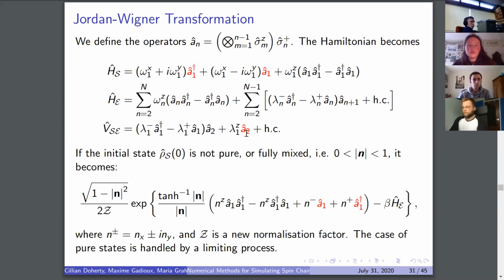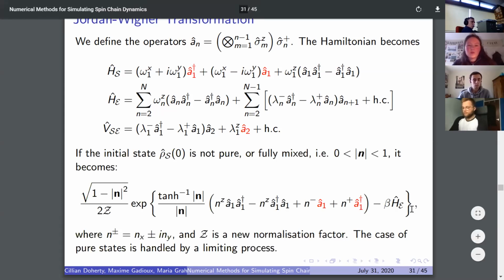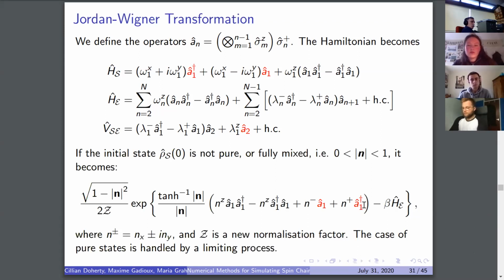Similarly, our initial state rho can be written in this form, the derivation of which is presented in the paper. It's not obvious. But again, it's not quite Gaussian because we have these linear terms here.